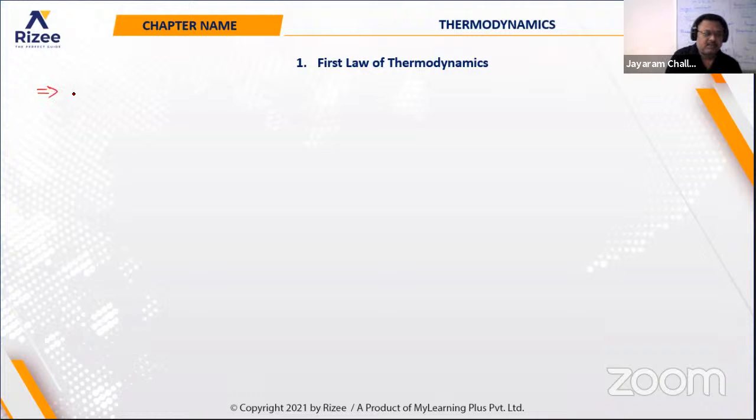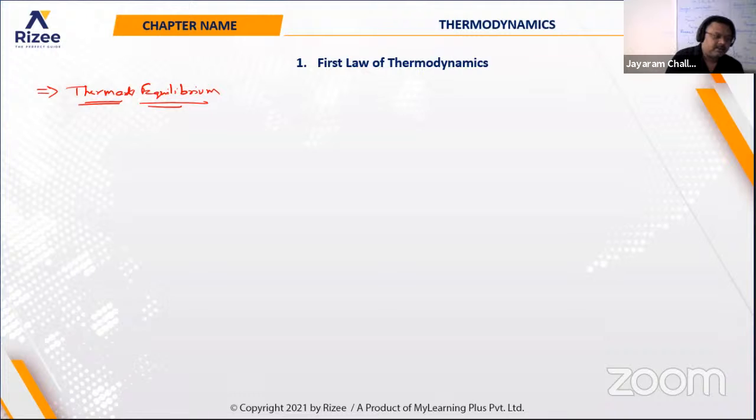The first one is called thermal equilibrium. So what do you mean by thermal equilibrium? Thermal equilibrium means where the system is maintained at the same temperature.